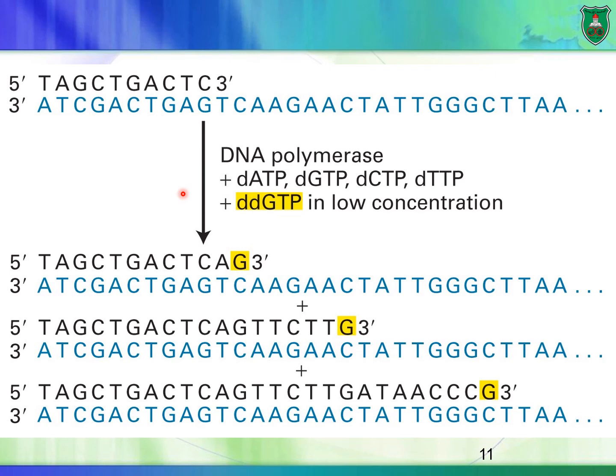I need the 4 substrates, the deoxy-ATP, deoxy-GTP, deoxy-CTP, and deoxy-TTP. Okay? And I also need a primer. Remember, a DNA polymerase cannot start DNA synthesis unless there is a starting point. So we use a primer.